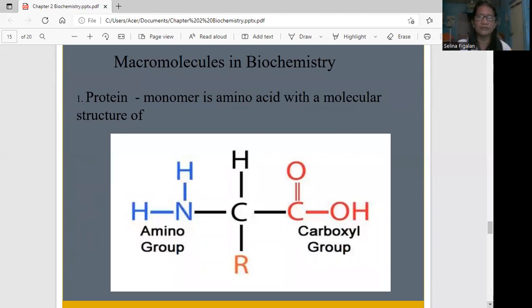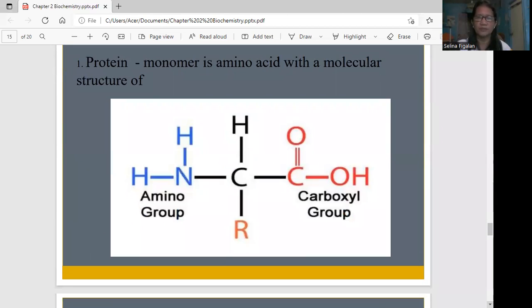So your protein, this is the molecular structure of protein. This is what I'm saying, that your protein has the presence of nitrogen, carbon, and hydrogen. As we all know, macromolecules are under organic chemistry, because when it contains carbon, that is organic.